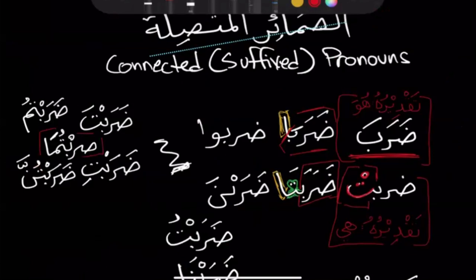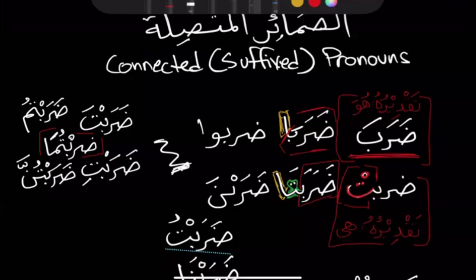Okay. You two struck. Daraba, those two struck. Darabata, those two struck. Okay. Versus this is he struck and she struck. Yes. Daraba, he struck. Darabat, she struck. Daraba, those two struck, masculine. Darabata, those two struck, feminine. Okay.